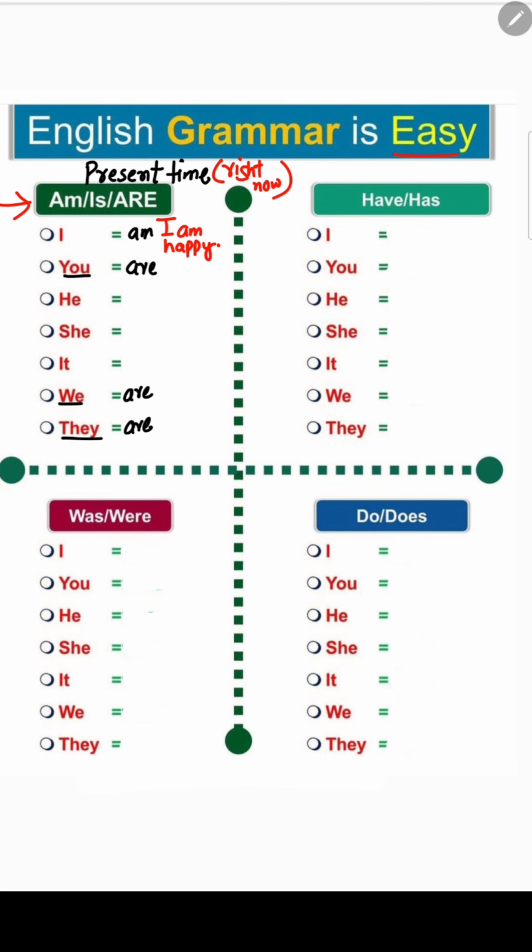For example, you are smart. We are students. They are playing.